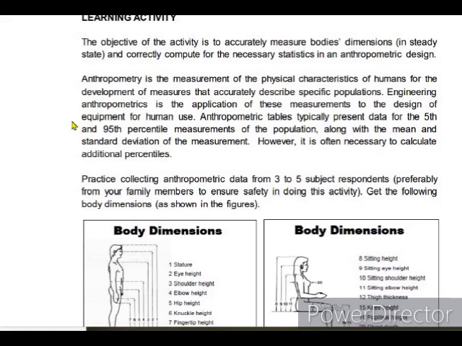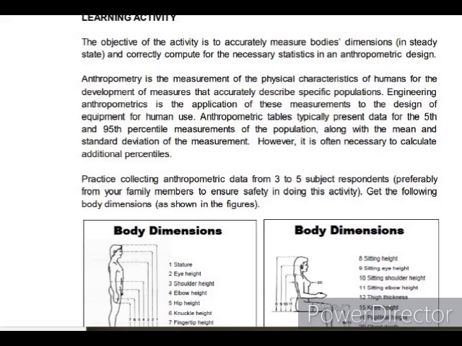Engineering anthropometrics is the application of these measurements to the design of equipment for human use. This is part of our work as industrial engineers. When you become an industrial engineer in an industry, this may be the kind of work for you.